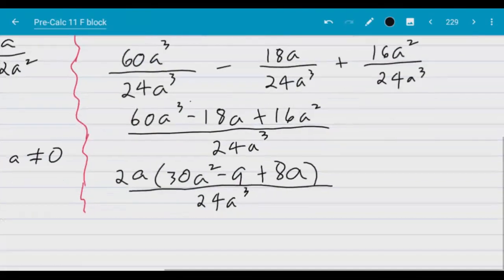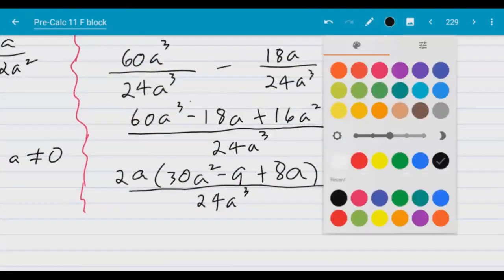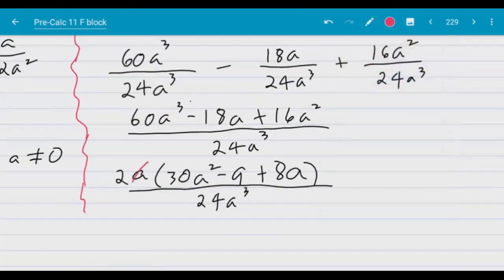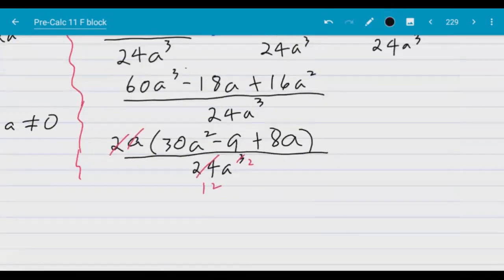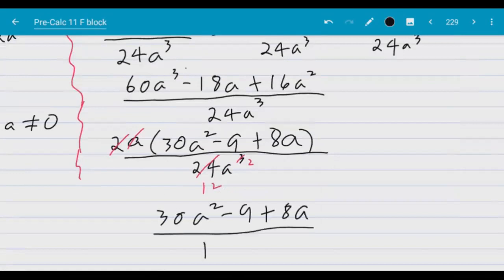Now guys, look. The A here can cancel out with this, becomes an A squared. The 2 cancels out with this, becomes a 12. So I will have a final answer of 30A squared minus 9 plus 8A all over 12A squared.